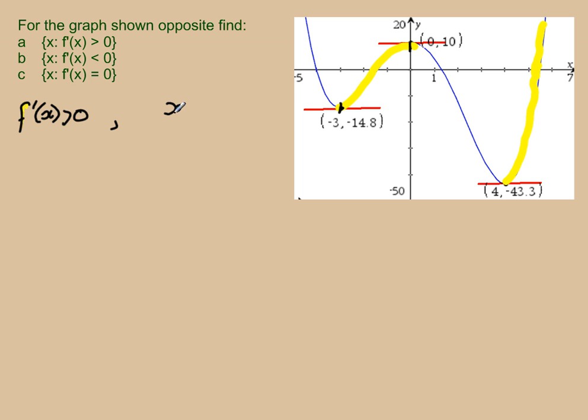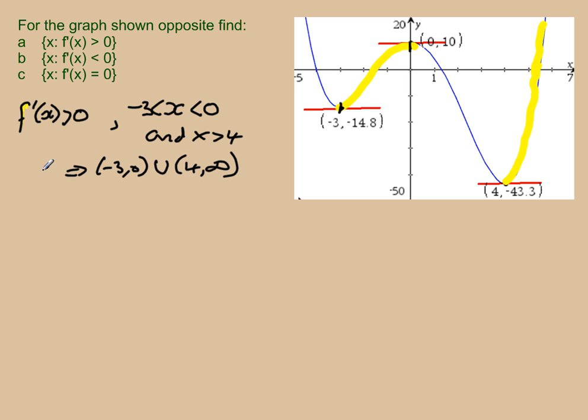So we've got x between -3 and 0, and for x greater than 4, the other part. So that means in interval notation we've got (-3, 0) and (4, infinity).